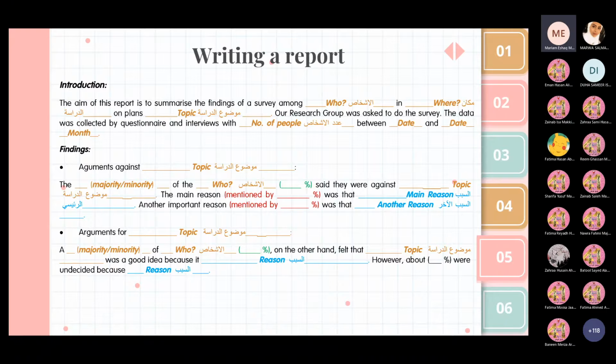on the other hand, felt that building a shelter for stray dogs was a good idea because what were the reasons? Does anyone know? Raise your hands. Yes, excellent.